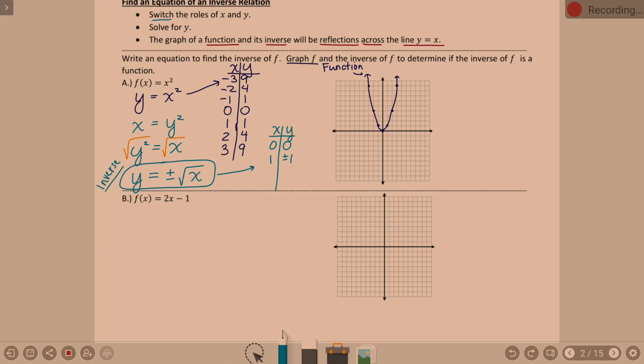Do you want to put in 2? I personally will pass. I don't want to do the square root of 2. What's the next number we like doing the square root of? 4. What's the square root of 4? 2. And since there's a plus or minus, we're going to say plus or minus 2. And the next number we'd put the square root in? 9.